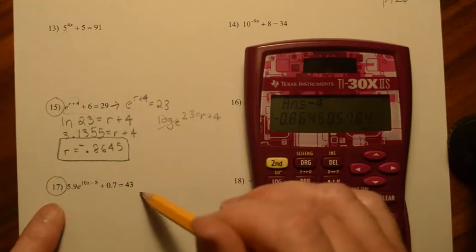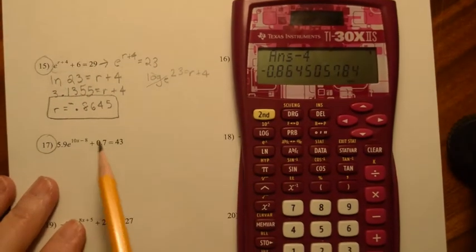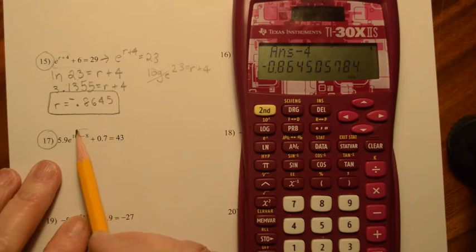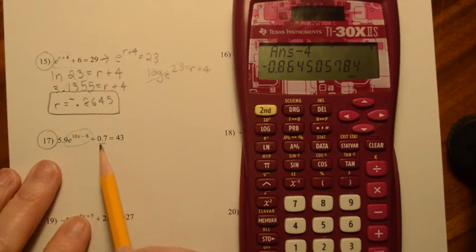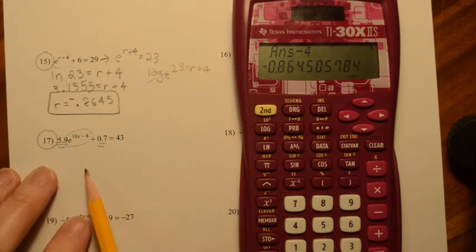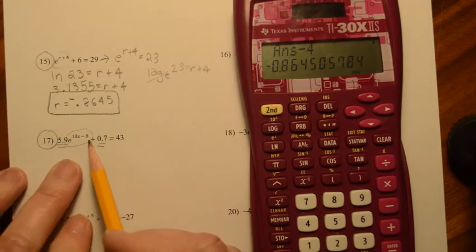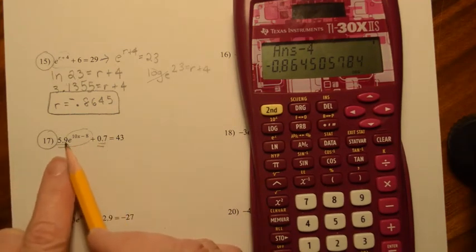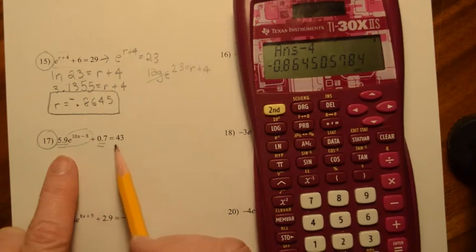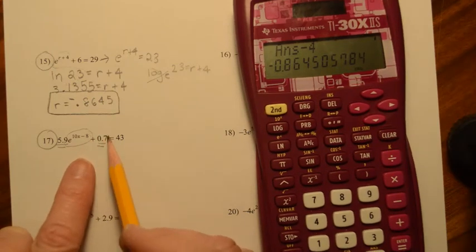All right, let's try this one. Here we've got this that we're trying to get by itself, so we need to move this over. Just like in regular algebraic equations, if we had 5.9x plus 0.7 equals 43, we would move this first.